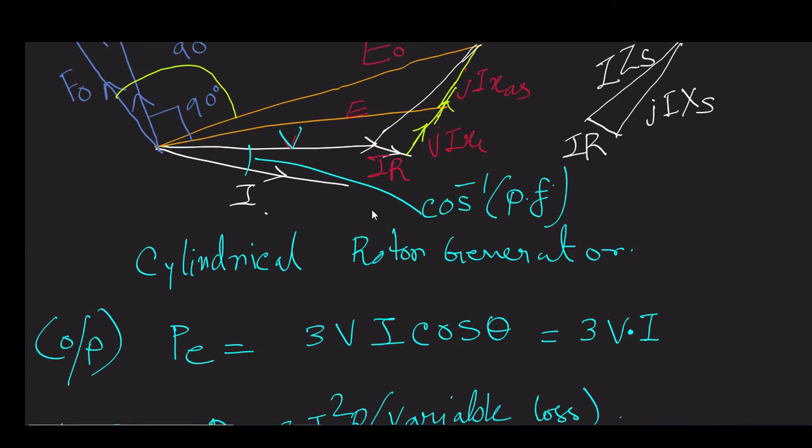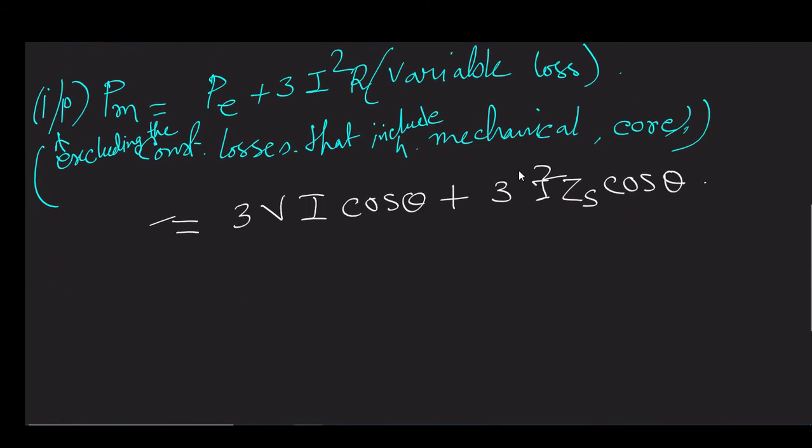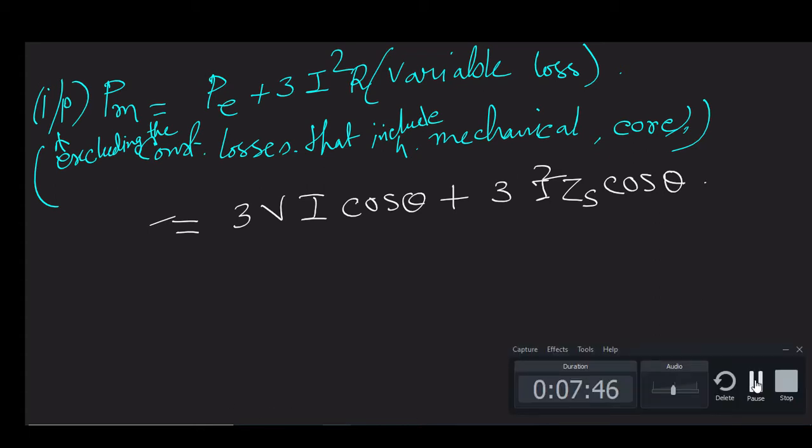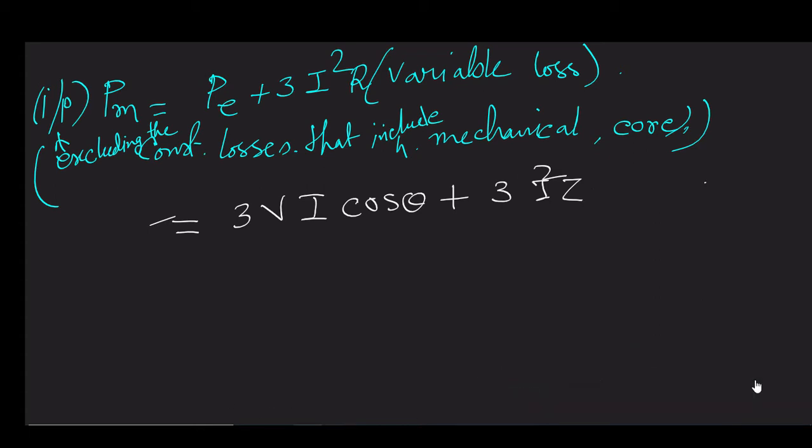It should be, say it is gamma, where gamma is tan inverse XS by R. This angle is delta, this angle is theta. Well, now here, hold on a minute.